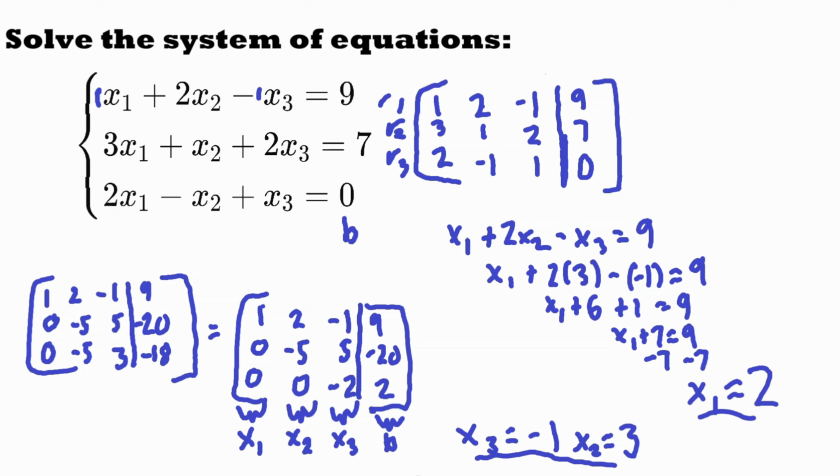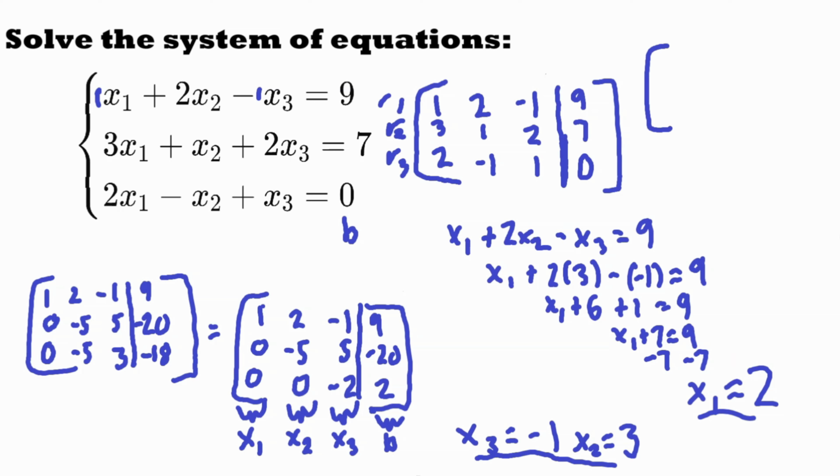So now we got our three variables that we were looking for. But whenever you work with a system of equations, let's write our answer in this sort of matrix here, where our x1 comes first, our x2 comes second, and our x3 comes third. So whenever we write our answer, we want to write it like this.